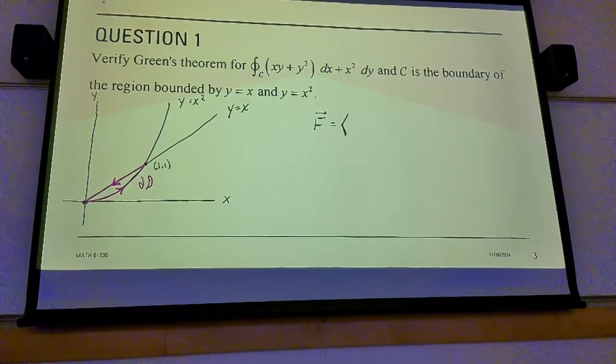Is it xy plus y squared and then x squared? Pay attention to your differentials. Because I don't always have to write it that way. I could do dy and then plus dx. So you have to pay attention.